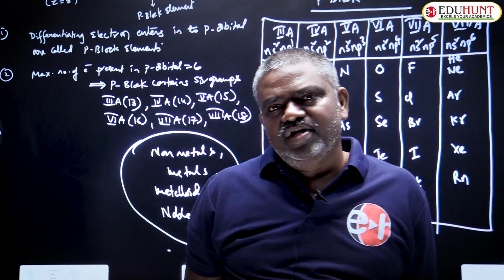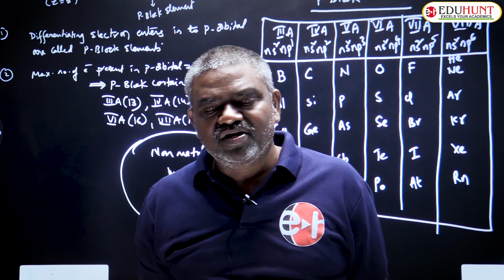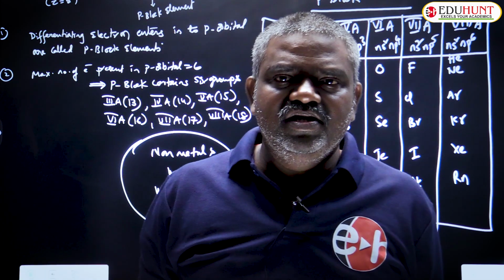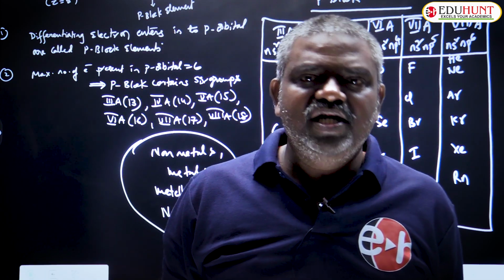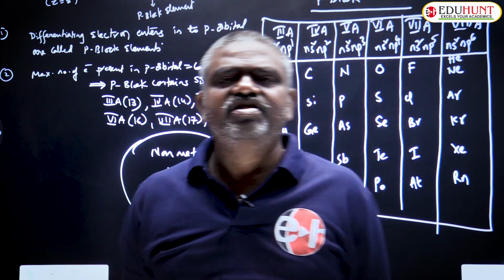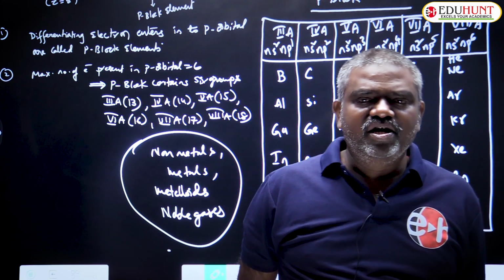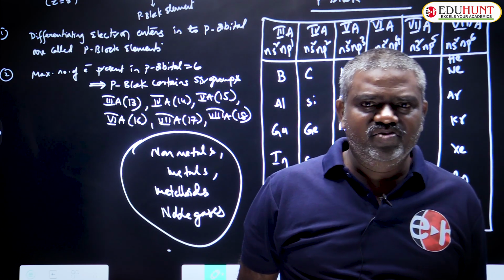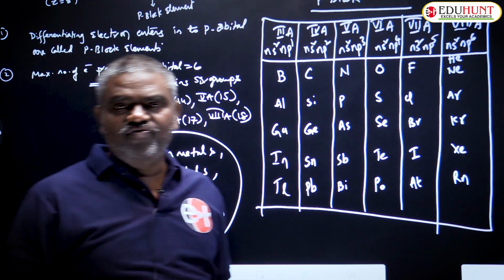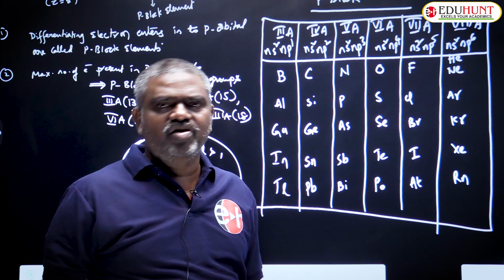Metal and non-metal always form ionic compounds, and non-metal and non-metal form covalent compounds. So many non-metals are present here, hence they form both covalent and ionic compounds.